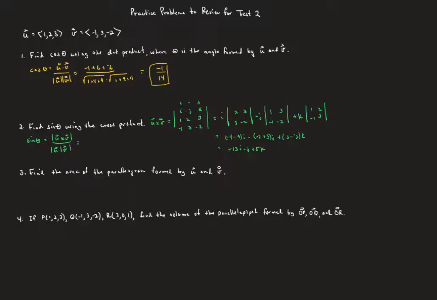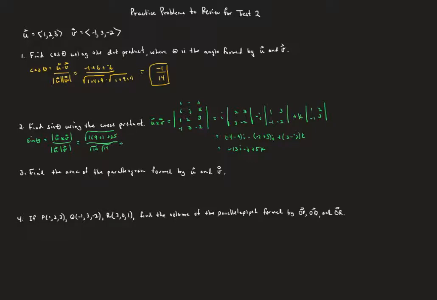So our sine theta is going to be the magnitude of u cross v. So we're going to get the square root of 13 squared, I think is 169, plus 1, plus 5 squared is 25, over the magnitude of u, and I think we said that was the square root of 14, and the magnitude of v was conveniently also the square root of 14.